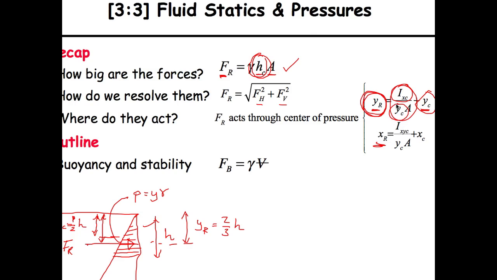If it's really shallow, we have some standard results which we can use. 2/3 of the depth, for instance, for the location of the center of pressure on a rectangular area that intersects the surface. And physically, as we go deeper, this first term becomes less and less significant, and the point of action of the force approaches the centroid of the plate. Certainly if it's a horizontal plate, it is always at the centroid of the plate.